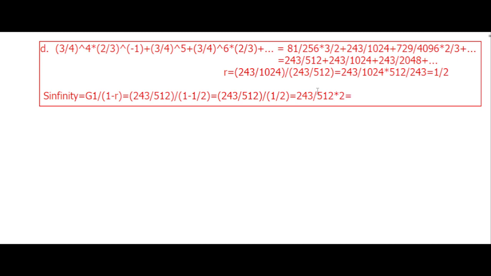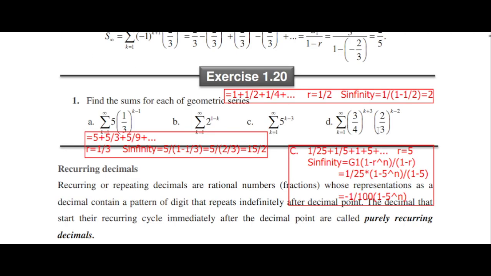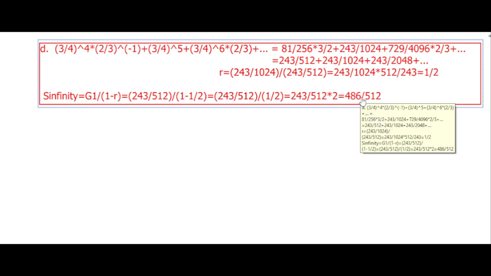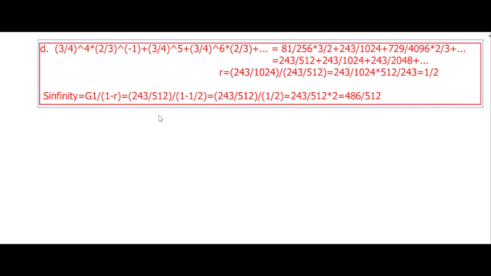So this is equal to 243 times 2, 486, over 512. This is the sum of the infinite series. Question number B: for this infinite geometric series, the sum will be 486 over 512.